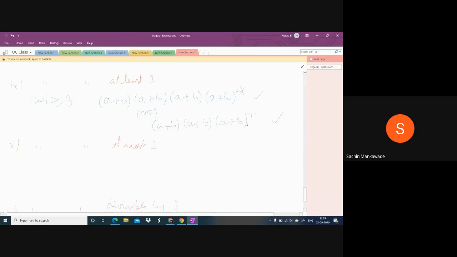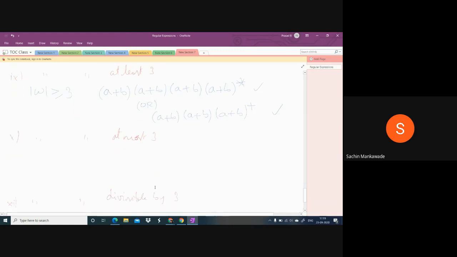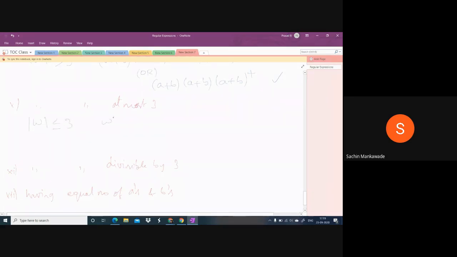Now the length at most 3 means maximum 3, which means length less than or equal to 3. That is, length can be 0 or 1 or 2 or 3. So what is the string of length 0?